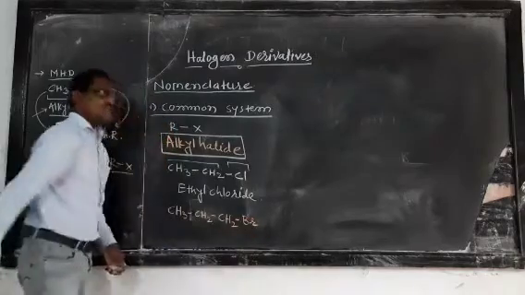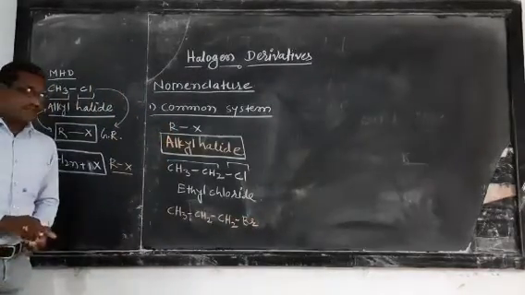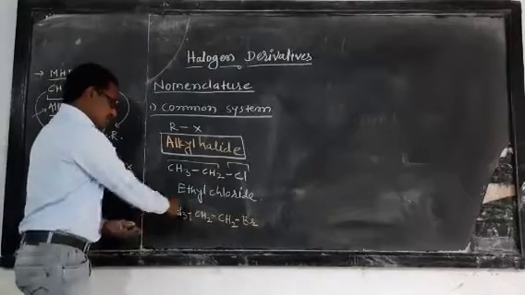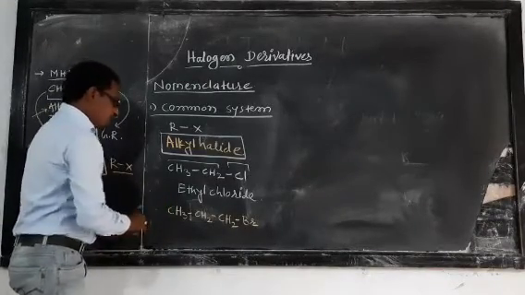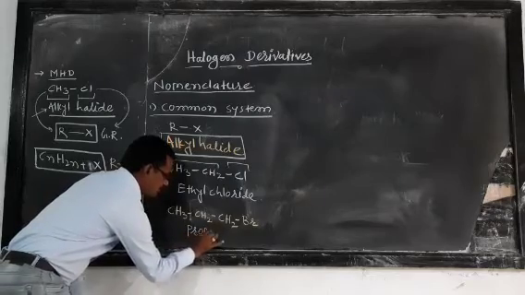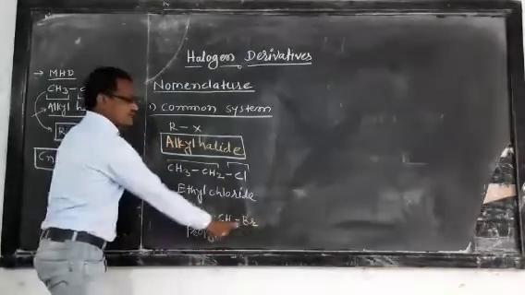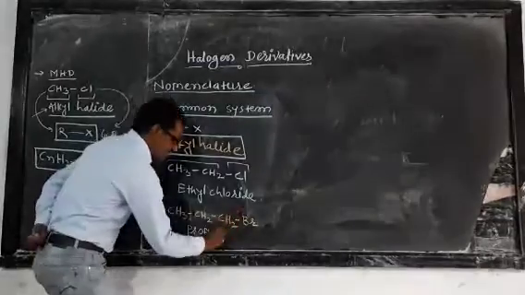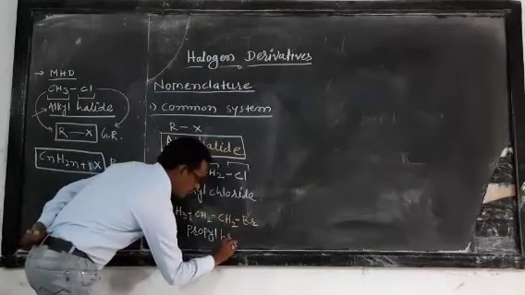Then what will be the name according to the common name system? Here the alkyl group is propyl, and here is a bromide, propyl bromide.